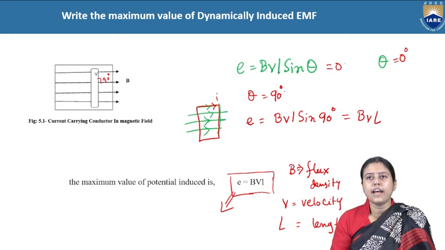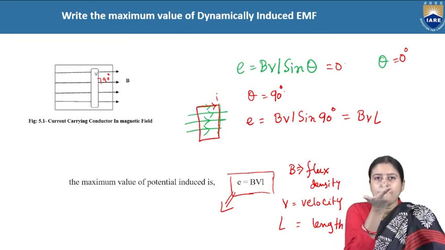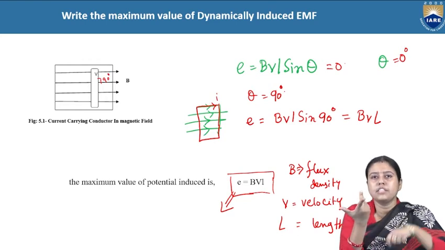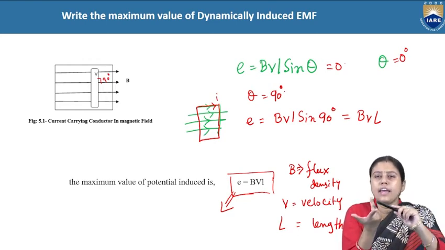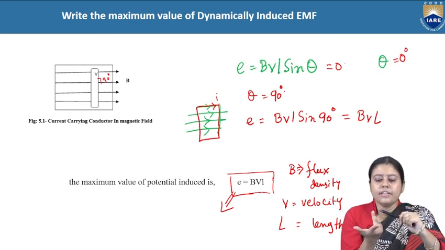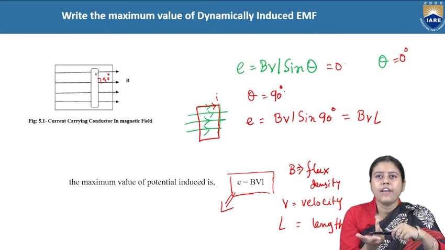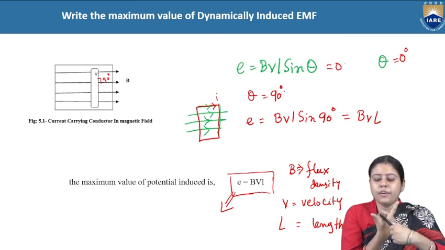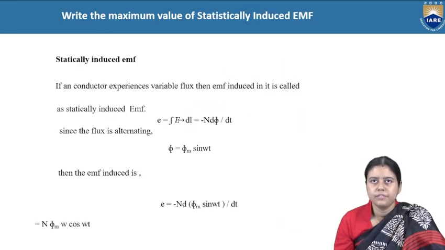What is Fleming's right hand rule? If we keep the three fingers 90 degrees apart from each other, the current in the coil is given by the first finger and flux density with this, the direction of the EMF will be in the thumb.